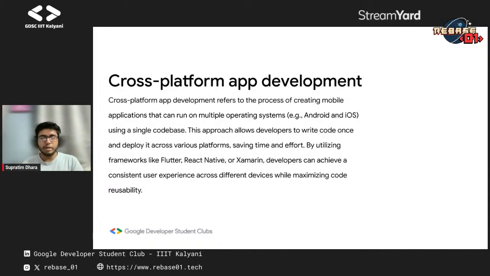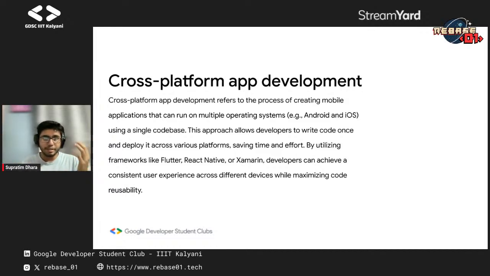We all know that there are two main operating systems in the mobile ecosystem: iOS and Android. These are the two giants. There are two kinds of app development: native app development and cross-platform app development.